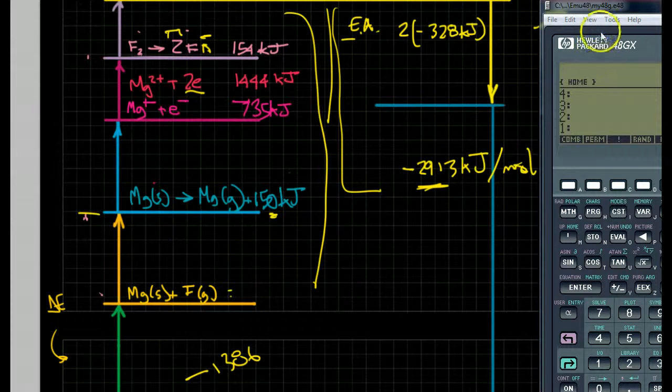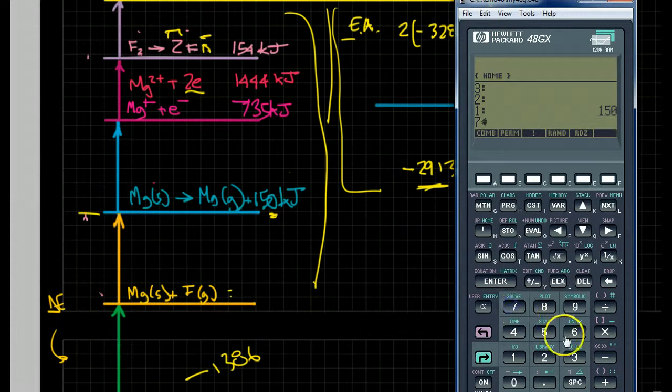Let's do 735, and we're going to do 1444, and then 154. And I'm going to stop right there. I'm going to add up the left side first. Okay, so here's my left side: 2483.